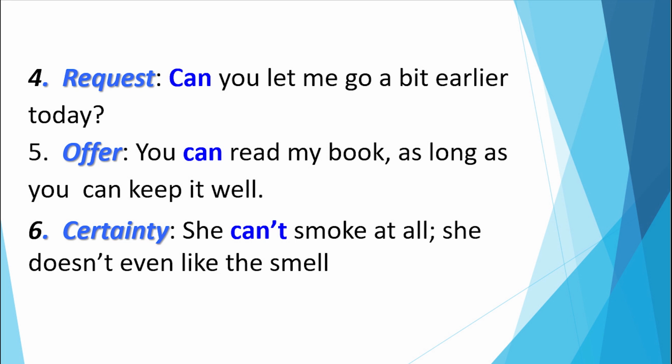If somebody tells you that so and so was smoking, and you know she never smokes, you can say, no, she can't be smoking, or she can't smoke. Which means you are feeling sure that she doesn't smoke. You're not accepting it. And that means you are certain that that particular person doesn't smoke.